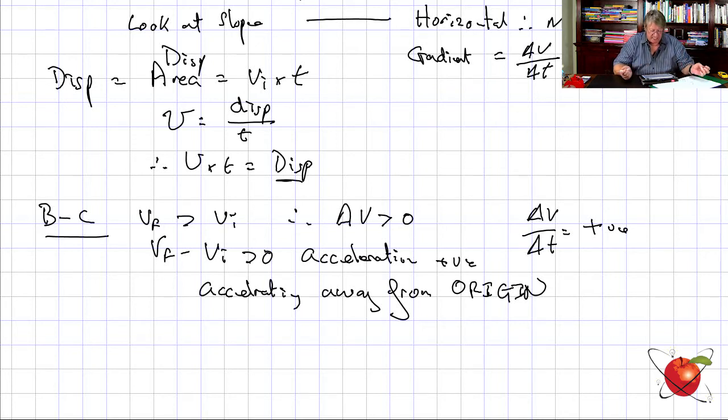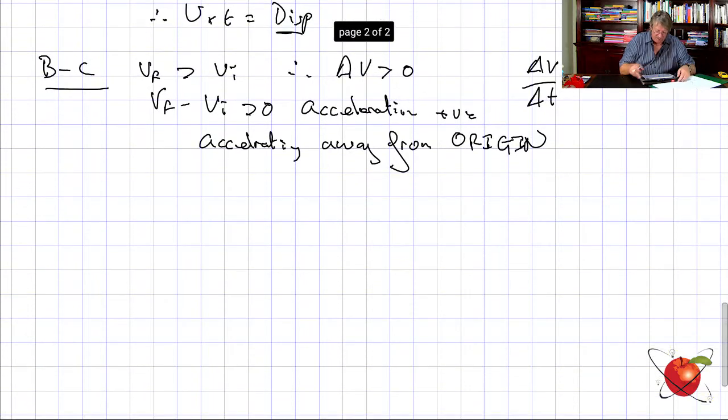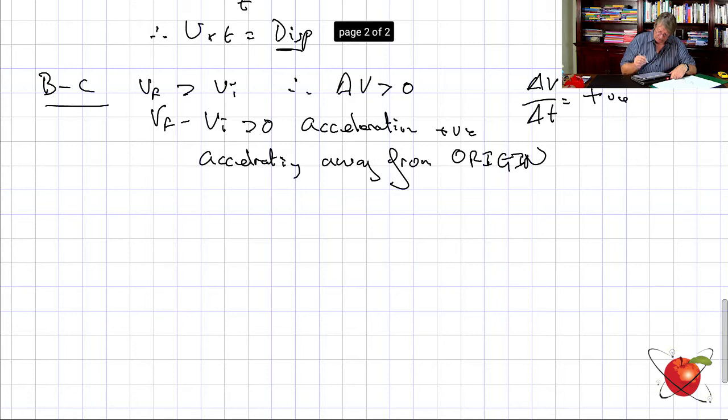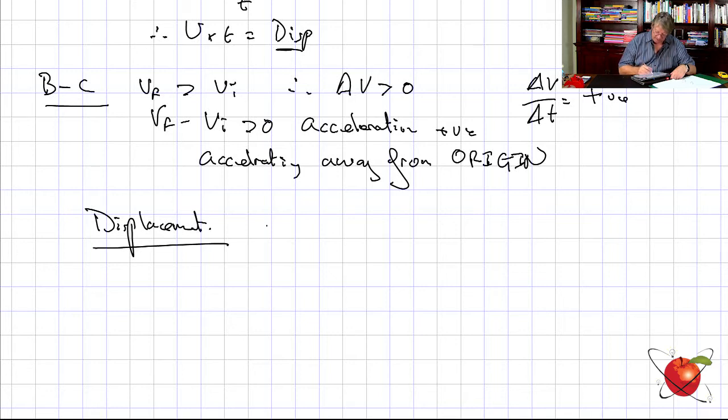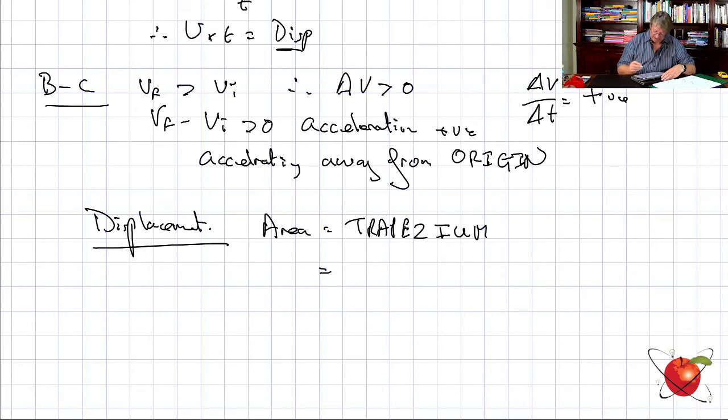So now what's our next situation? The next thing we've got to say is, what is the displacement over that piece of time B to C? The displacement here is going to be the area, which in this case is a trapezium, right? And can you remember the formula for that? Yep. I wish I heard everybody say that, but I'm hoping you did.